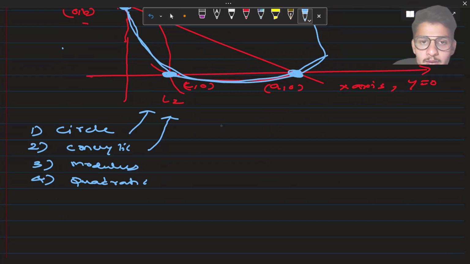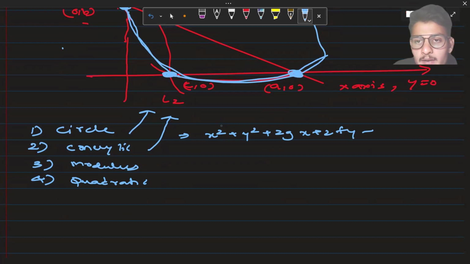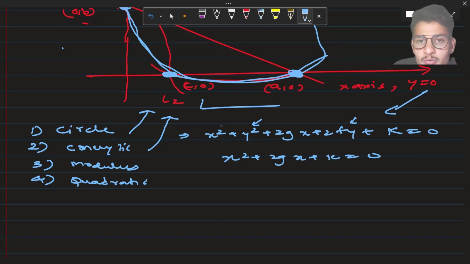So what will you observe? The circle equation is x square plus y square plus 2gx plus 2fy plus k equal to 0. When you put y equal to 0 into it, this becomes 0. You will see that x square plus 2gx plus k equal to 0. So these both are the roots of this.